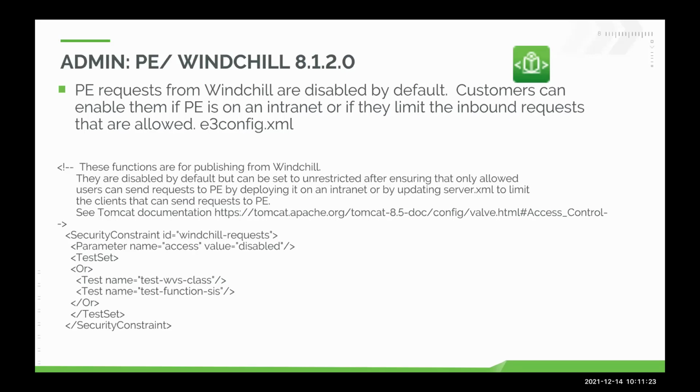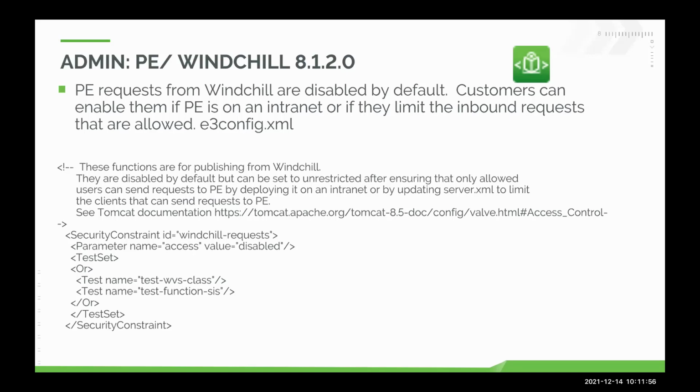We're really just doing this to call attention to the fact that in general, given the communication that PE does with WINDCHILL and PE's ability to reach back into WINDCHILL to pull content, it is important to make sure that your publishing engine is deployed either on an intranet or that it's deployed in such a way that the server.xml will limit which clients have the permission to send publish requests to PE.